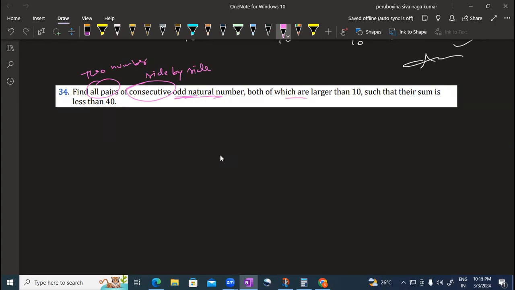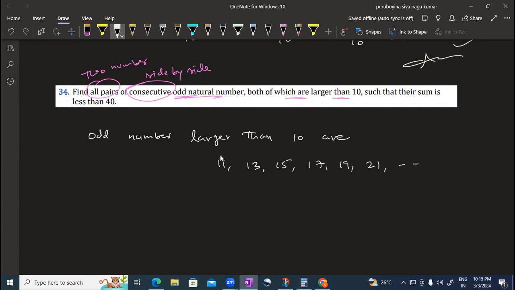So which are larger than 10. So write down odd numbers larger than 10. They are 11, 13, 15, 17, 19, 21 and so on.